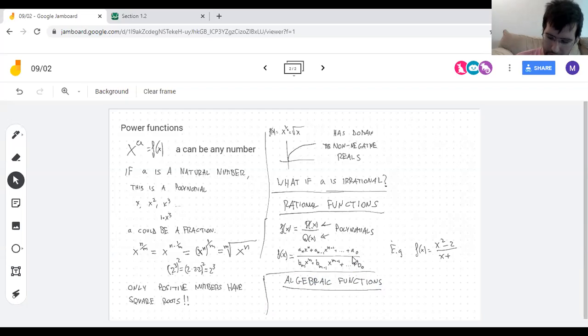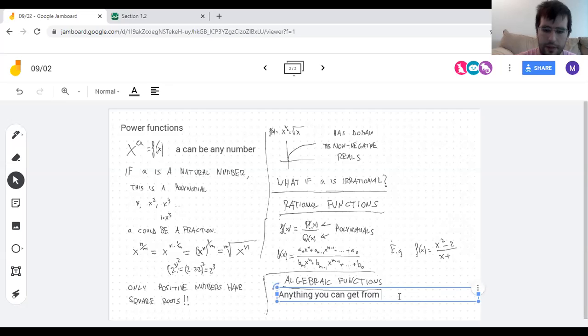add roots, any sort of roots. So these are anything you can get from addition, subtraction, multiplication, division, and roots.